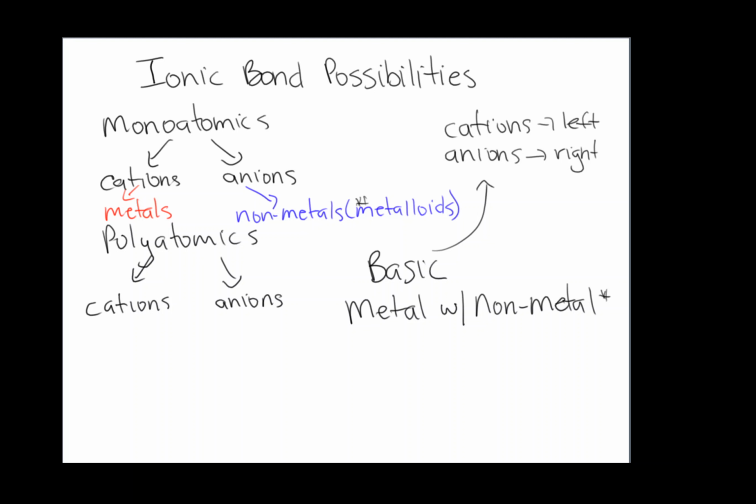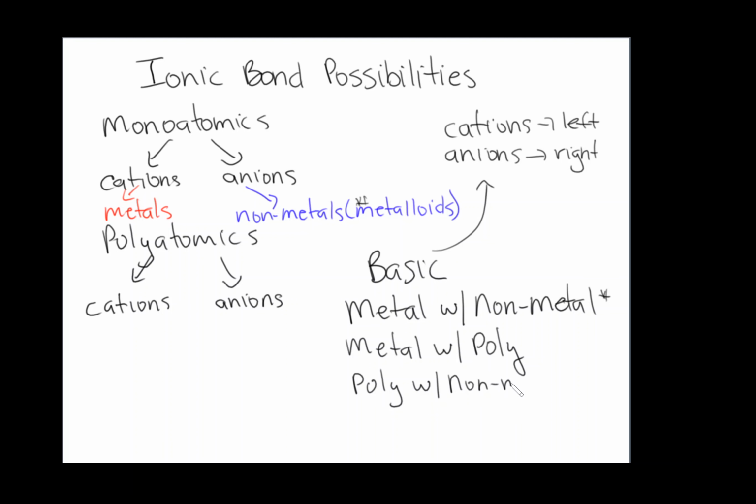All right, so basically, how do you make an ionic bond? Well, you put a metal with a nonmetal. Don't forget the metalloids. All right, well, is there another way? Sure. Could you take a metal with a poly? Absolutely. The metal would be the cation, and you would have to choose an anion. Well, could I use a poly with a nonmetal?